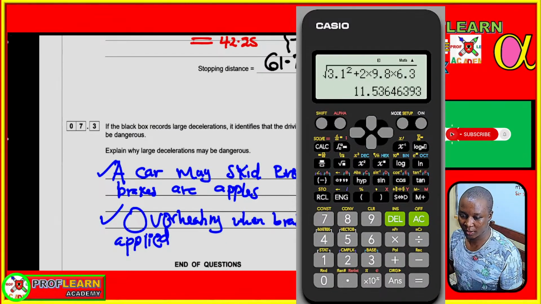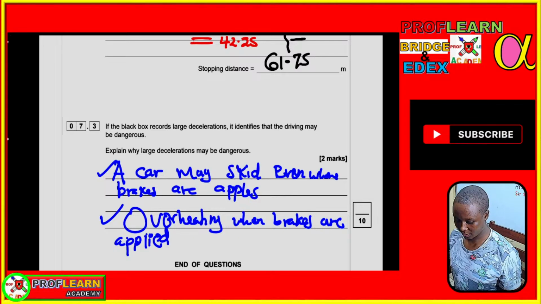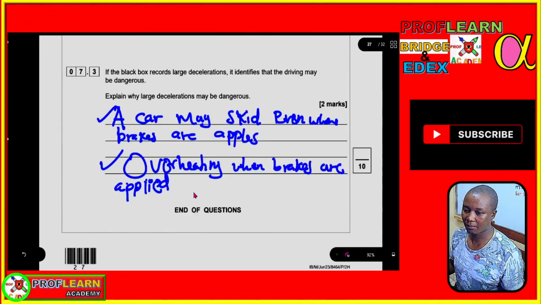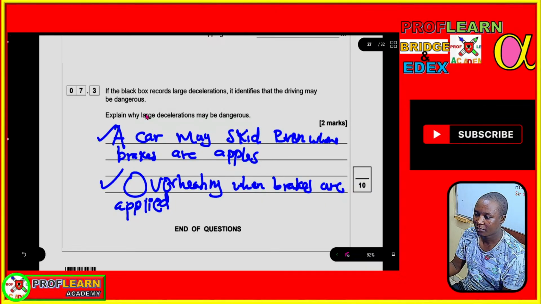Let me know which area you are confused, so that I can do a clarification on that particular area. Fire Legend, before I end the live, 7.3, confused in the area of 7.3. Okay, Fire Legend, let me just reply on that.